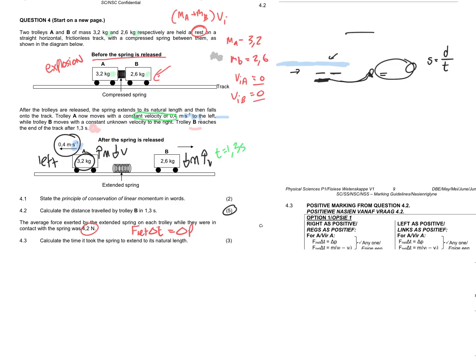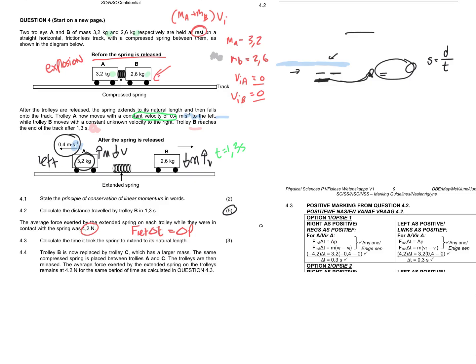And the unit for that should be Newton seconds. But if we just write this off the formula sheet and we sub in 4.2, you will get a mark. So that's all you need to do. It's 3 marks. You will get a mark for simply doing F net delta T, and then see here, this mark. You can get this mark for just subbing in the 4.2.